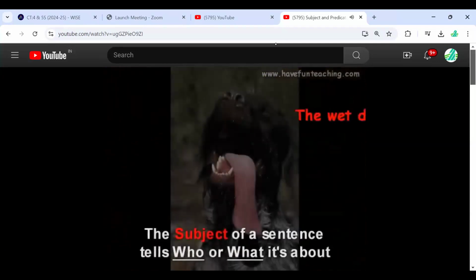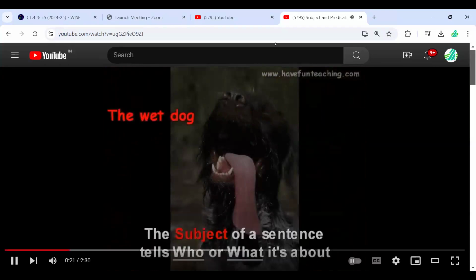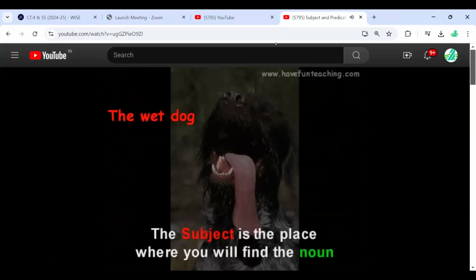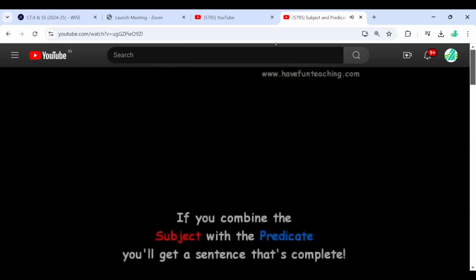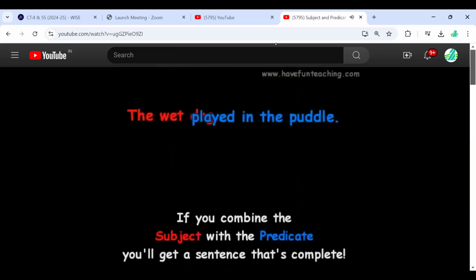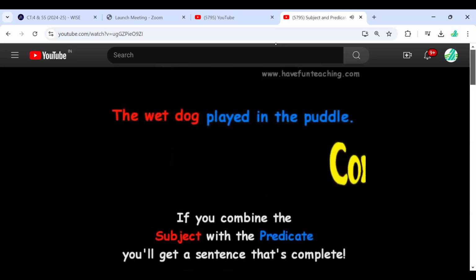The subject of a sentence tells who or what it's about. The subject is the place where you will find the noun. If you combine the subject with the predicate, you'll get a sentence that's complete.